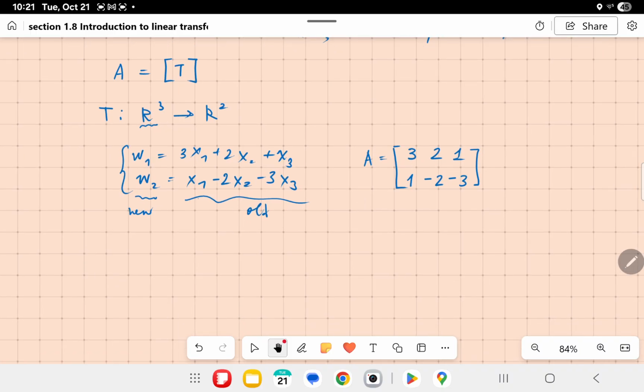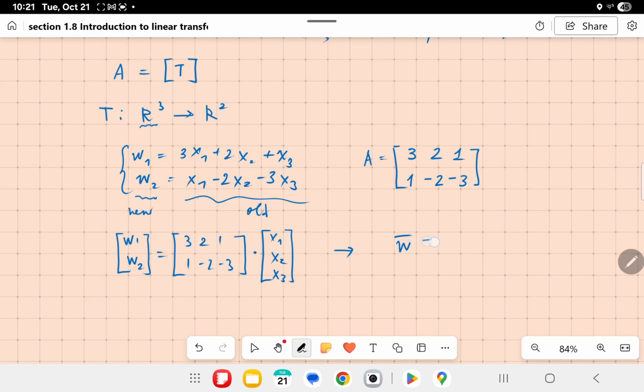So I'm going to write this transformation literally as the matrix 3, 2, 1, 1, minus 2, minus 3, multiplied by the column vector x1, x2, x3, which has 3 components because we are transforming R3 into R2. And here we have W1, W2, the resulting vector or reflection vector. In a shorter way, you can write it like this: W equals AX. So basically, that's just a multiplication by a matrix, right? Okay, very good.